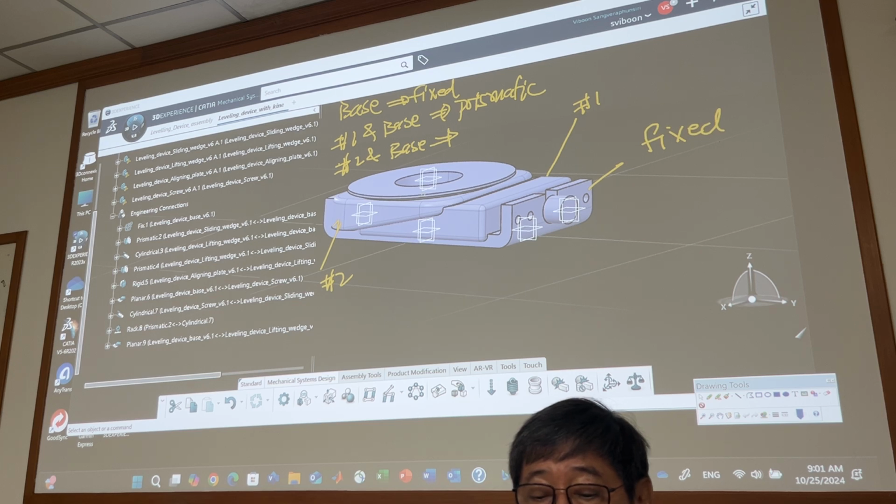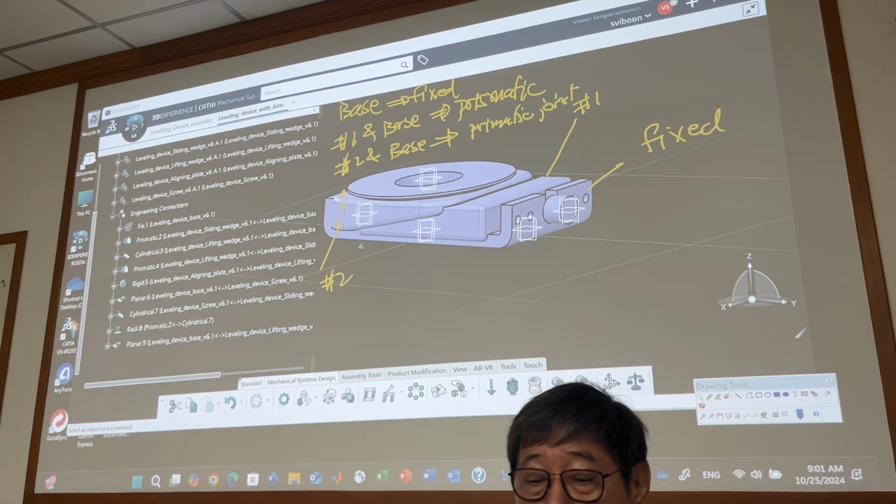has to be, you look at this one, this piece moves up and down, compared with this one, so it has to be a prismatic joint as well, right? This one is to slide this one up and down.